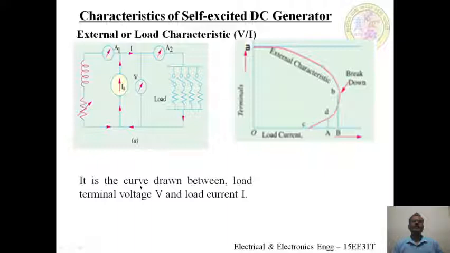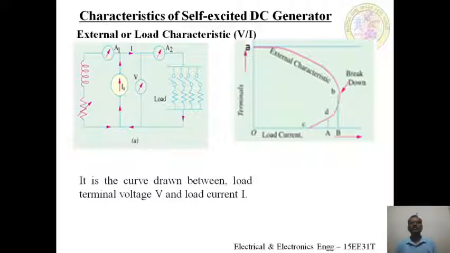Okay, now we will see the external or load characteristic of the self-excited DC generator. It is the characteristic curve drawn between load terminal voltage V versus load current I or IL. You know that in the shunt generator, as load on the generator increases, its voltage drops due to the effect of armature reaction and the armature resistance drop.